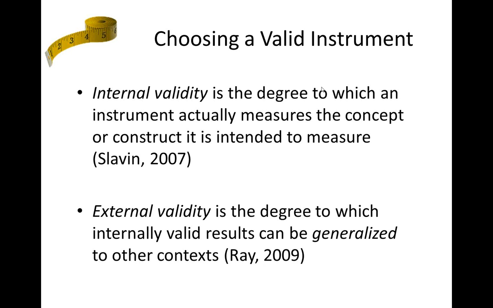On the other hand, external validity is the degree to which your internally valid results can be generalized to other contexts. So if you're studying Afghanistan veterans, for example, and you find some patterns, how generalizable are those patterns to other groups of veterans?